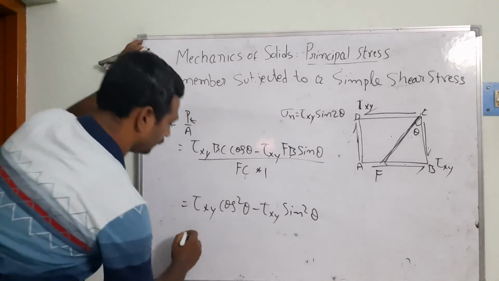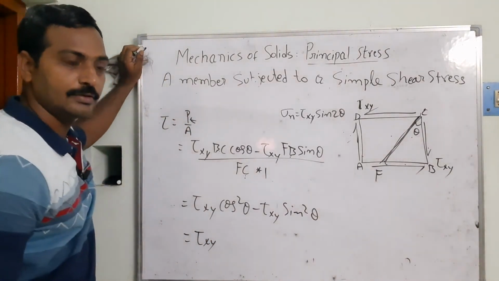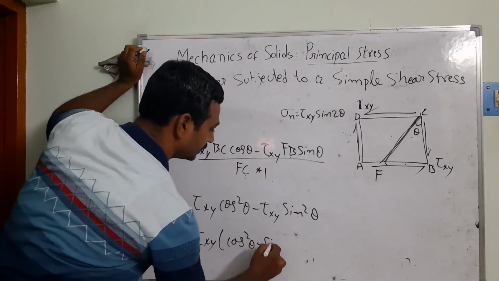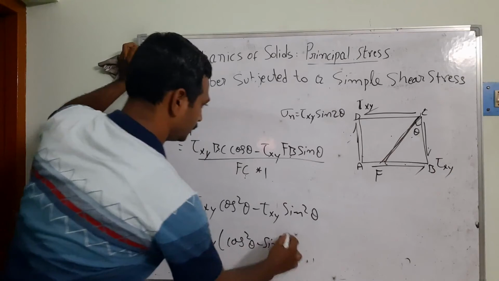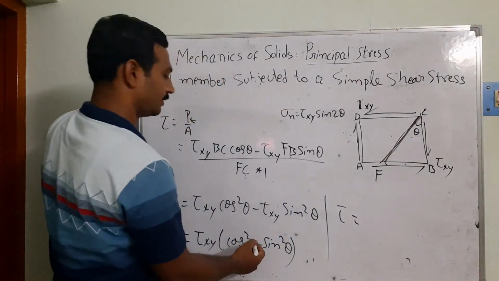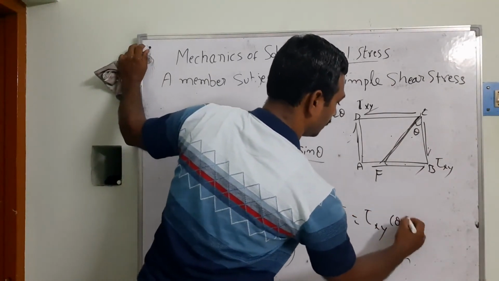Taking tau xy common, that is cos square theta minus sin square theta, which becomes cos 2 theta.